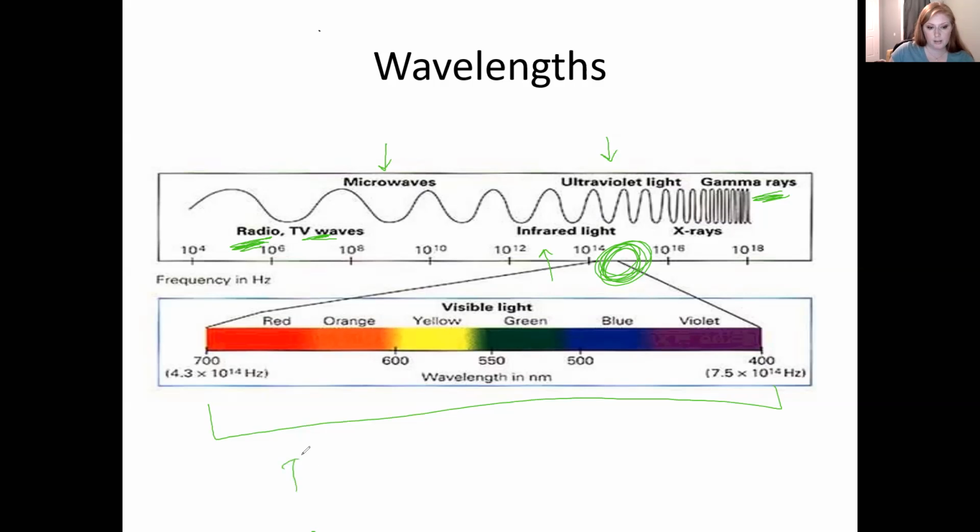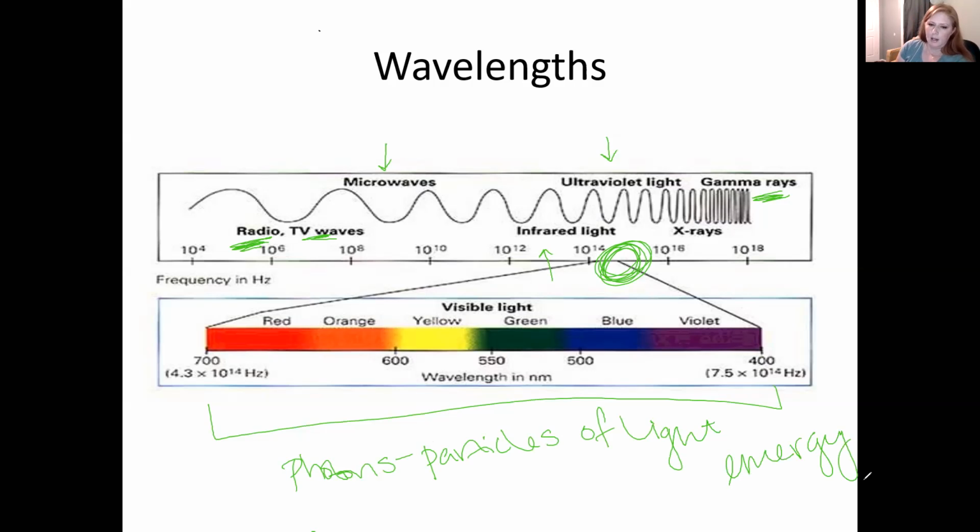Remember that photons are particles of light energy. If I can spell and write, okay? All right, let me talk about something else with color for just a minute.